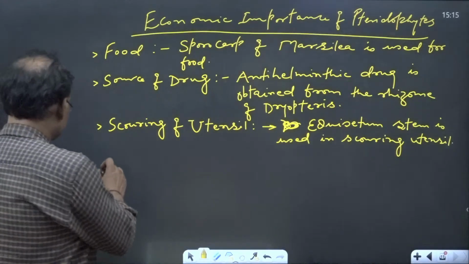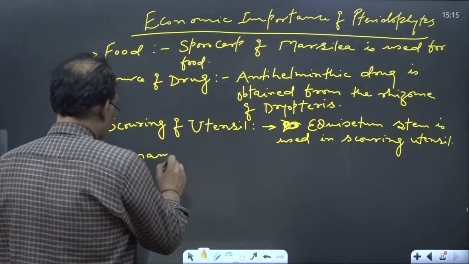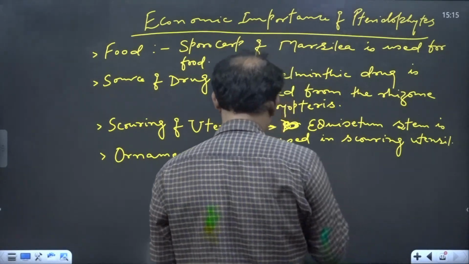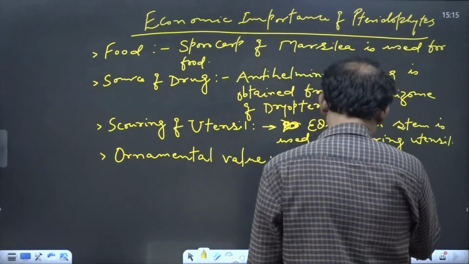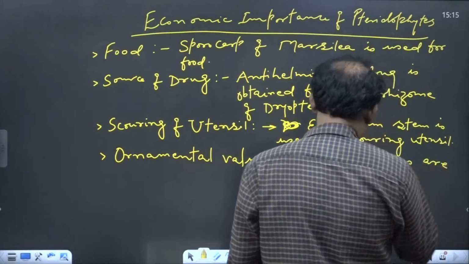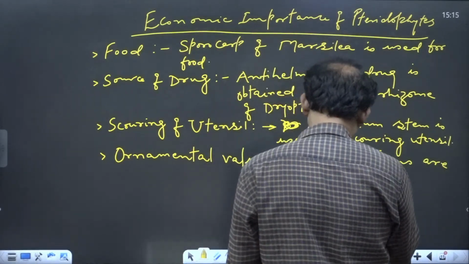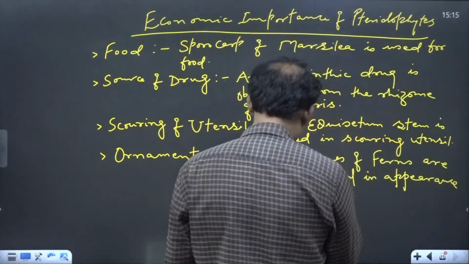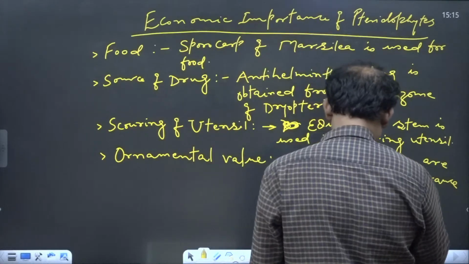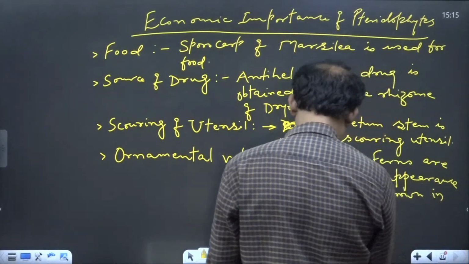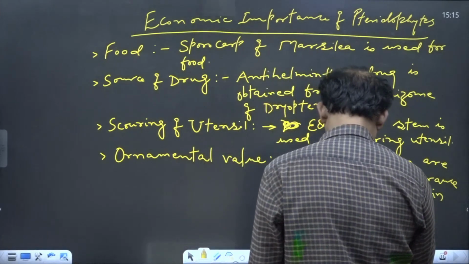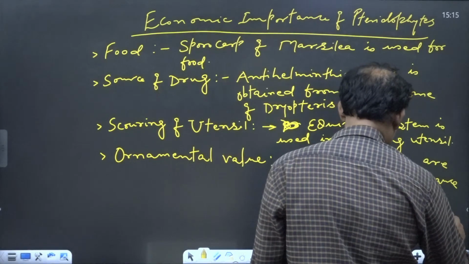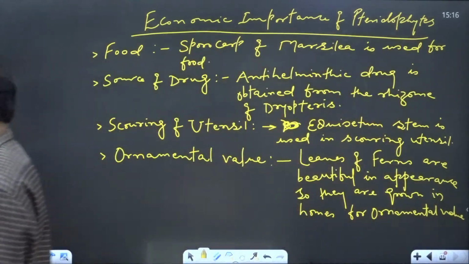And next one is ornamental value. Leaves of ferns are beautiful in appearance, so they are grown in homes for ornamental value.